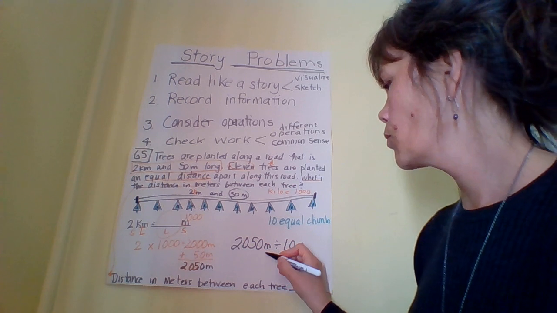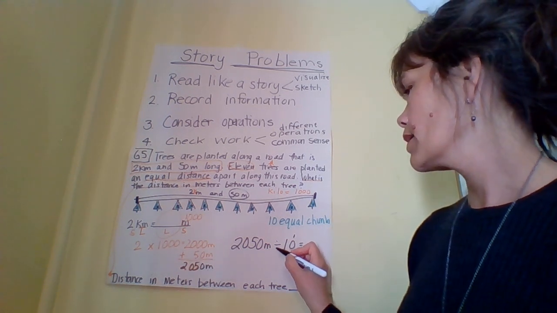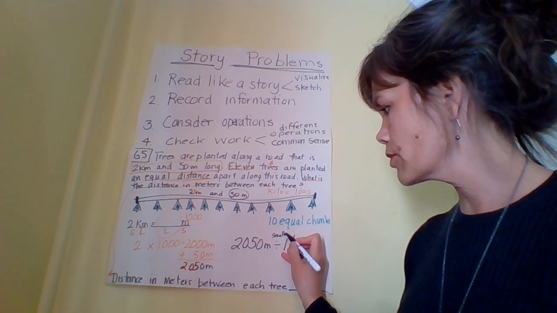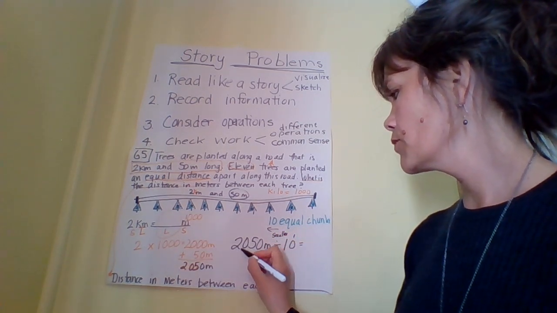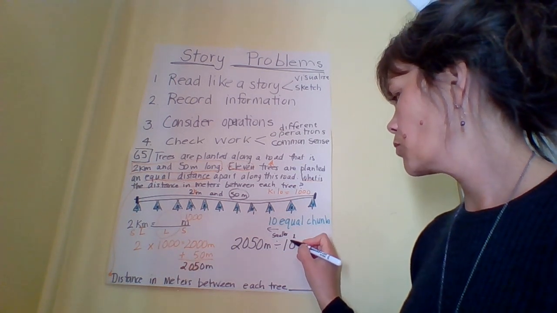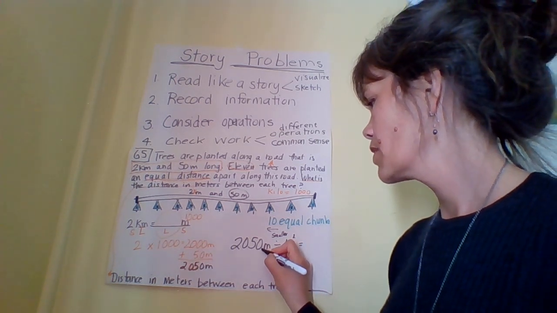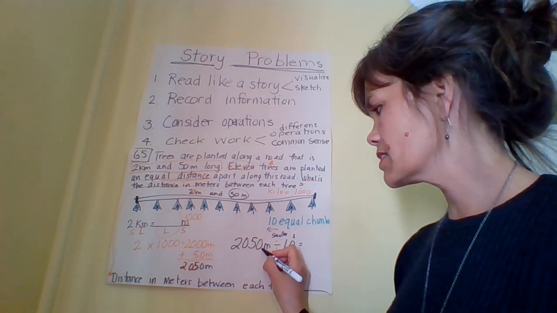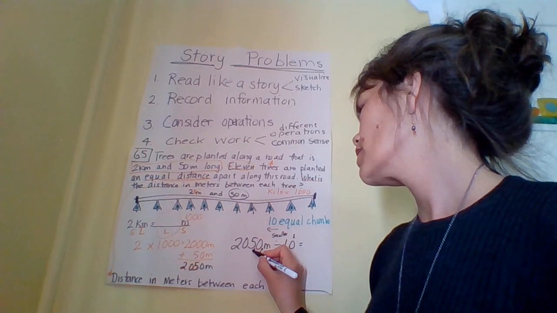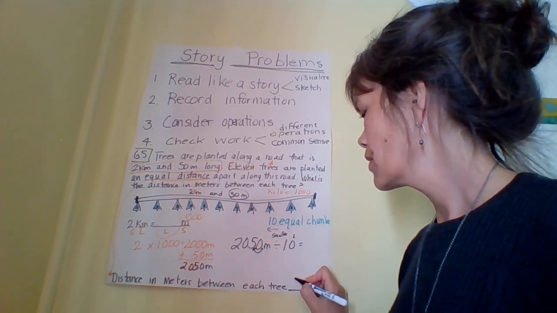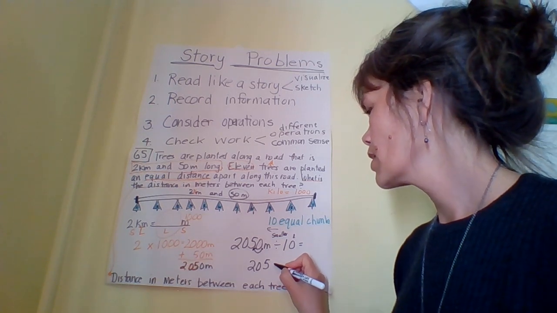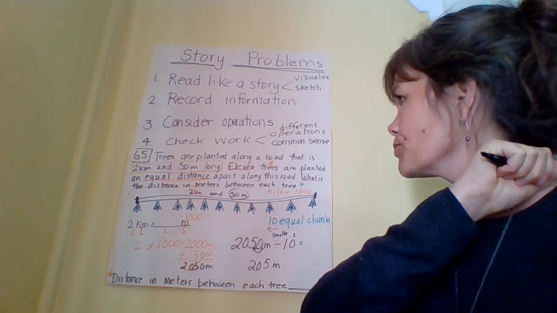And I know that I am going to make it smaller when I divide, and smaller means that I'm moving my decimal point to the left. I'm moving my decimal point 1 space to the left. And I know my decimal point sits at the end of the number, but it's not written in. And I move it 1 space to the left, and I get 205 meters as my answer.